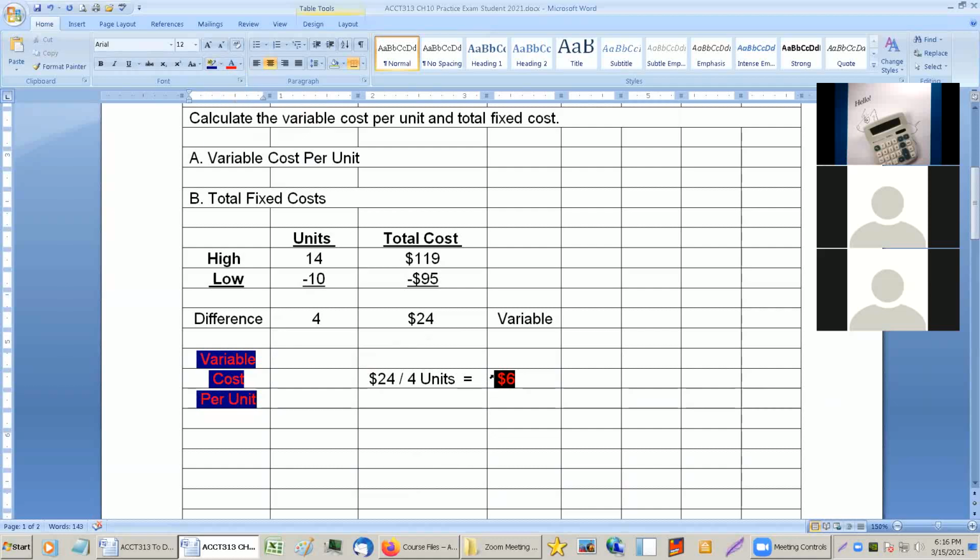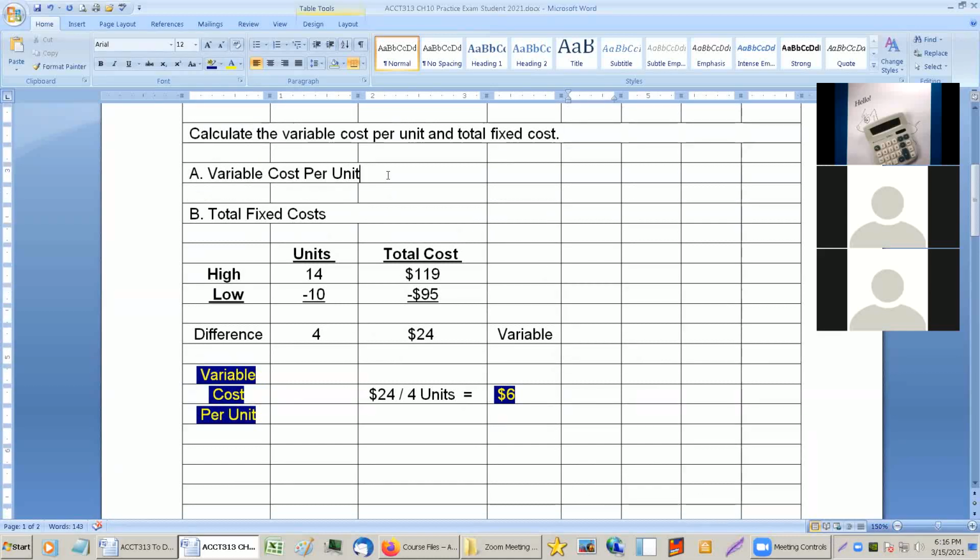This is going to be on the test, by the way, you guys, how to goof around with this. Okay. Well, that's confusing enough. All right, so this will be our variable cost per unit, $6.